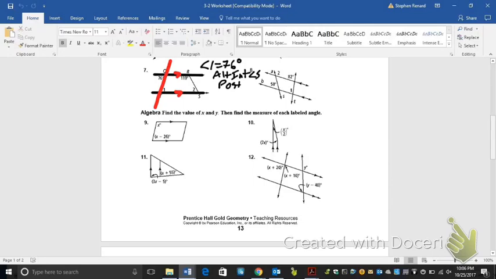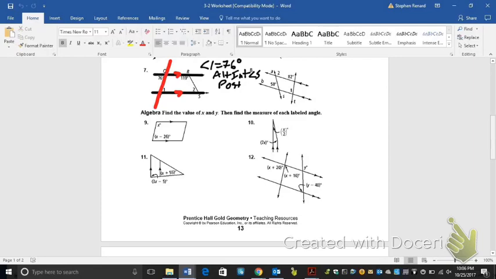So QT then is our transversal. So 76 degrees and angle 1, those are going to be alternate interior angles. Since we know that alternate interior angles are congruent when parallel lines are crossed by a transversal, we know that the measure of angle 1 is going to be 76 degrees.